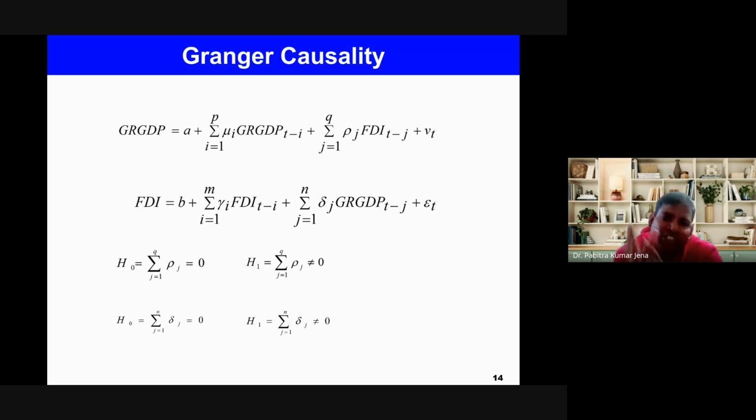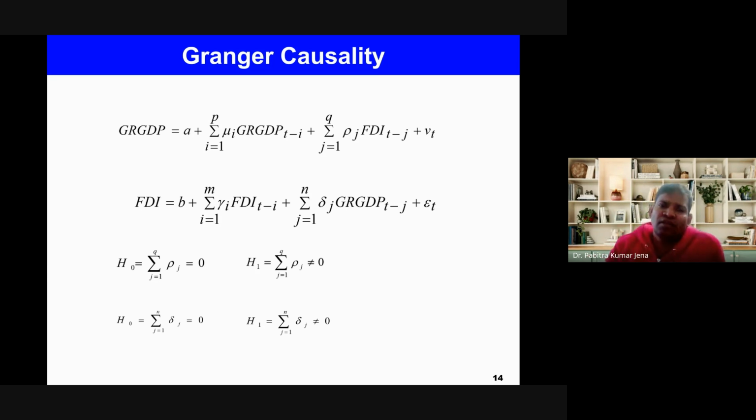So the first equation itself shows that growth of GDP depends upon the lag of growth of GDP and the lag of growth of FDI. If GDP depends upon lag of FDI, we can say FDI is causing GDP. If the growth of GDP is influenced by the growth of GDP as well as the lag of FDI, so if you read the first equation, growth of GDP is the intercept plus summation i raised from 1 to p, alpha i growth of GDP t minus i.